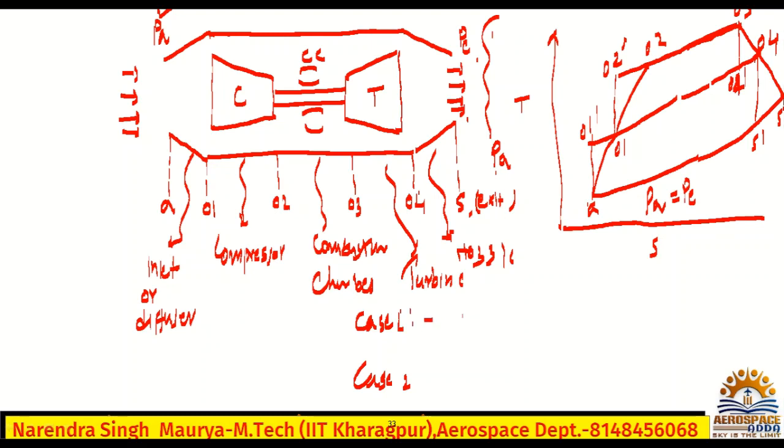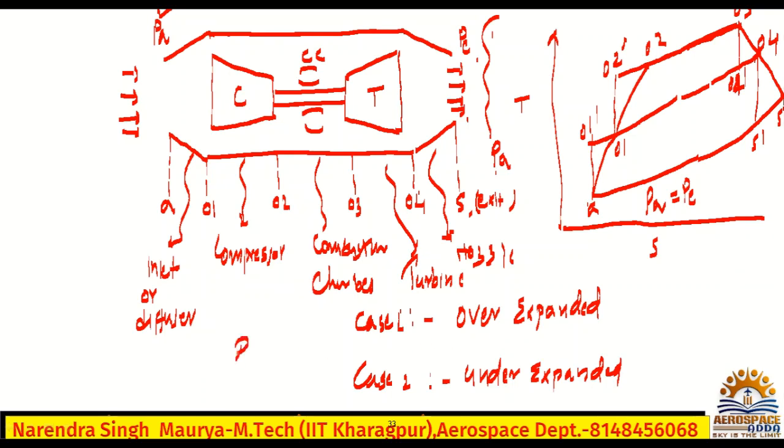Case 1 is the overexpanded case. Further, you need to remember this. And the underexpanded case, under expansion. So another two special cases we have. Maybe they can ask, okay?